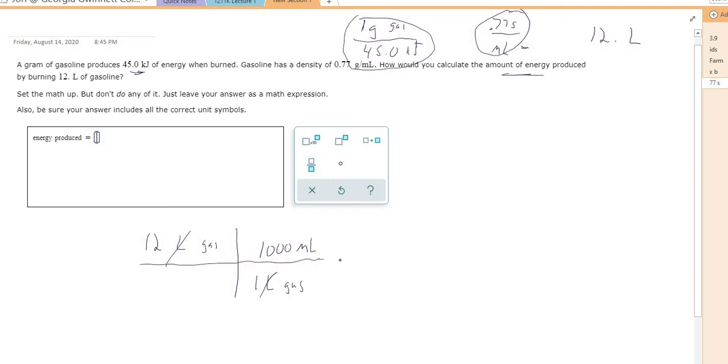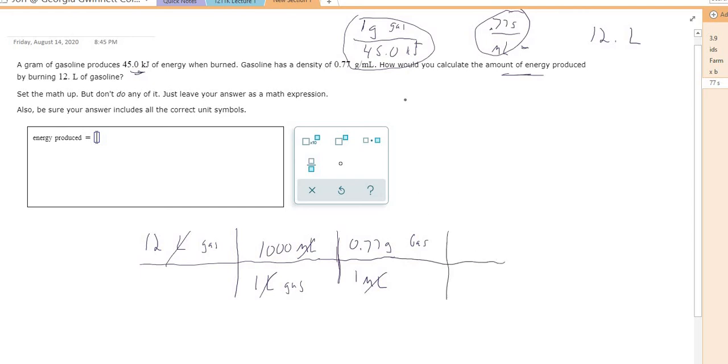That part is true. Now I can use my conversion factor that in 1 milliliter of gasoline there are 0.77 grams of gasoline. Okay, my units again are going to cancel out my milliliters, and I'm left with grams of gasoline.